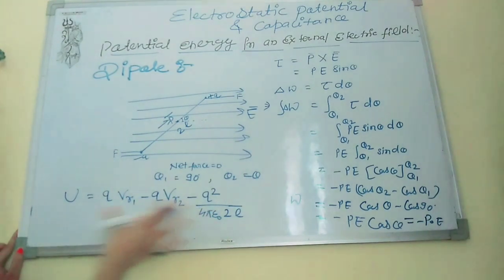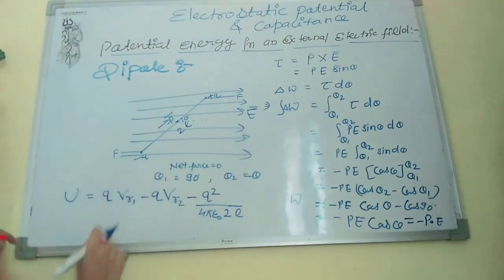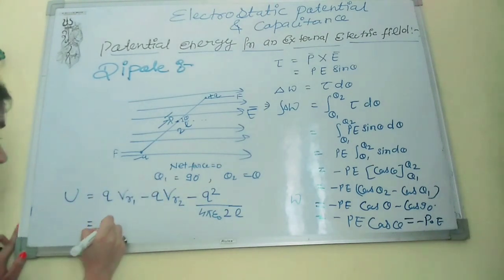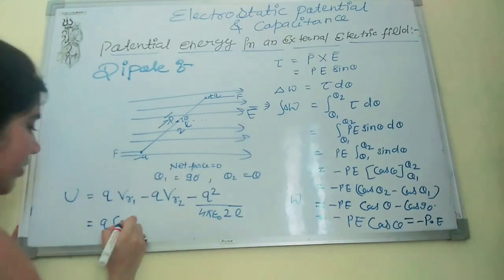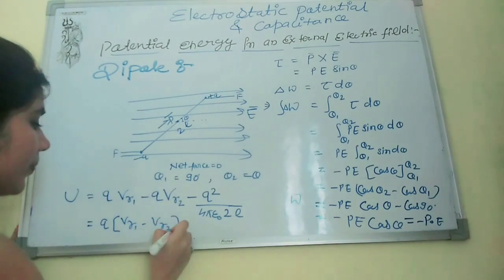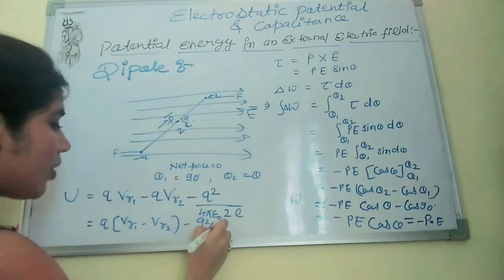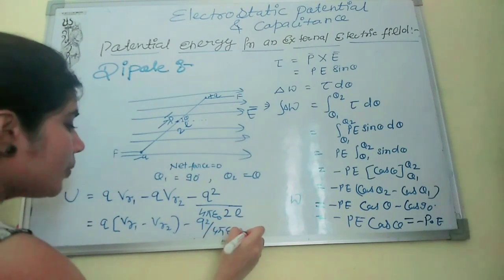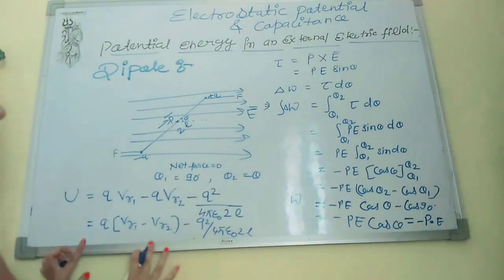Simply we will put it here like this. Now we take q outside the bracket and write V(R1) minus V(R2), minus q square upon 4 pi epsilon naught 2l. Is that clear? You are clear with this?